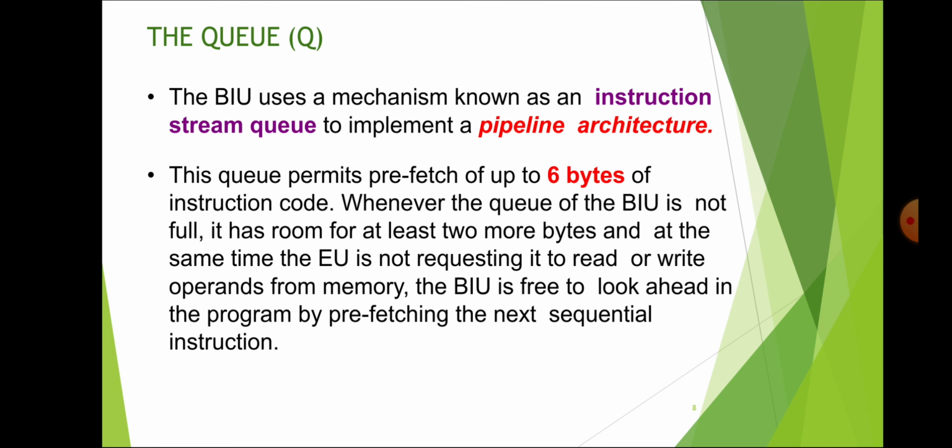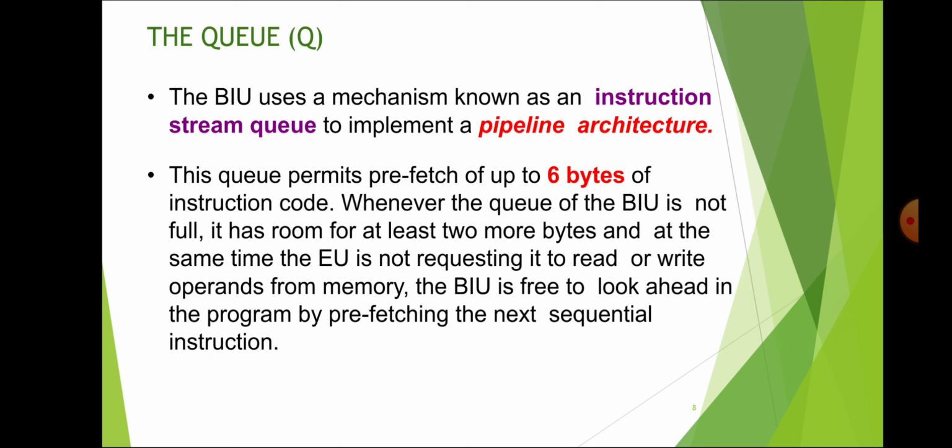Now the BIU uses a mechanism known as the instruction stream queue, which is important to pipeline architecture, that I already explained with the diagram in the slides for your understanding. Okay, so we can save time. The queue permits prefetch of 6 bytes of instruction code.